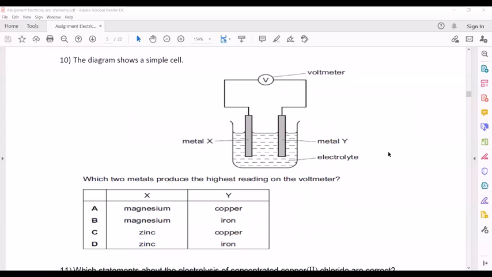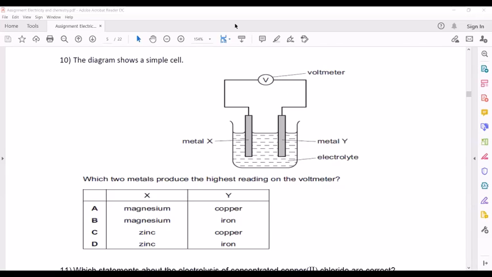The diagram shows a simple cell. Two metals produce the highest reading. Which case will produce the highest reading?